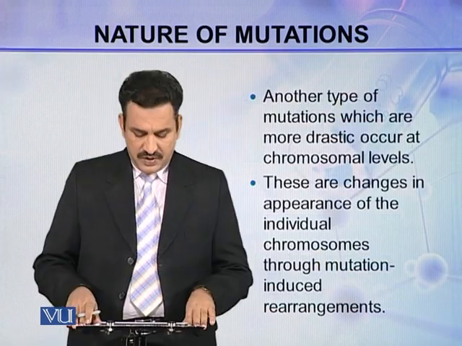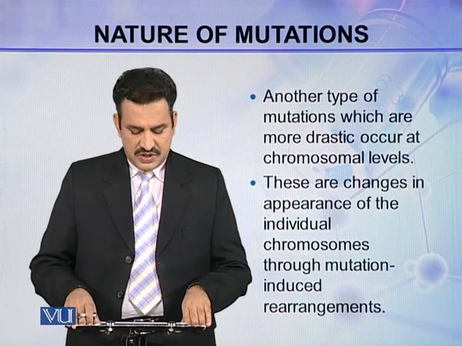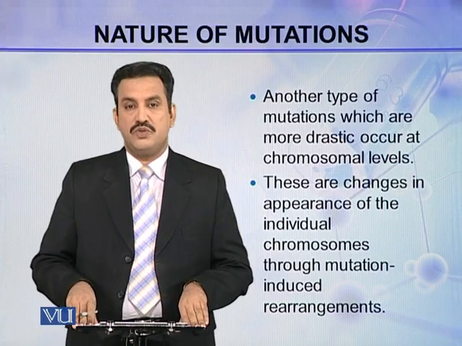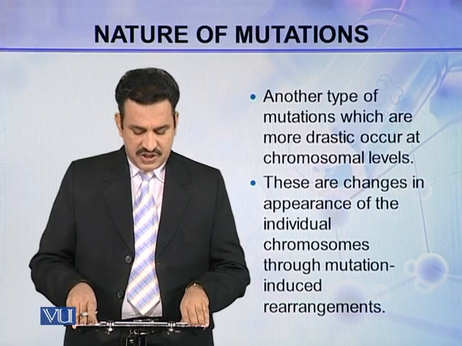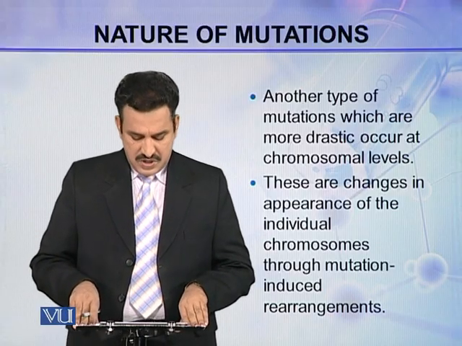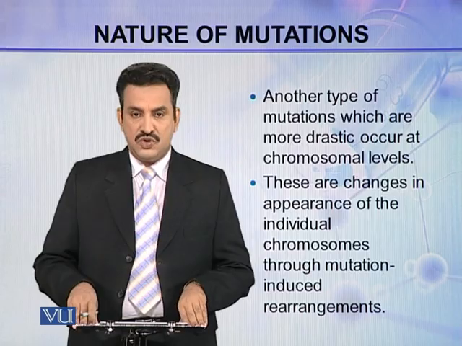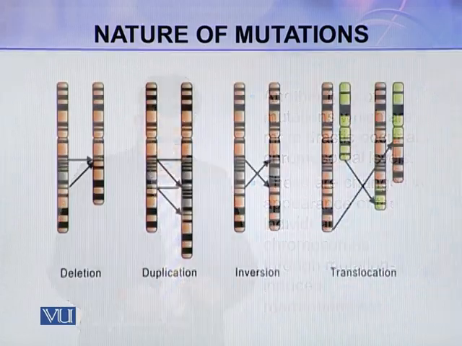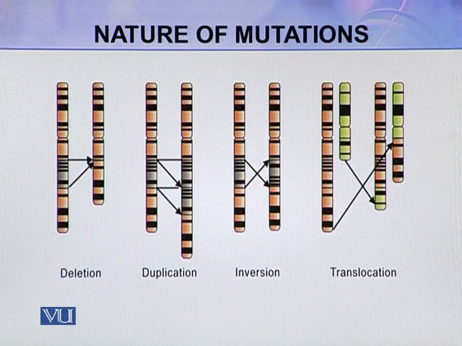Another type of mutation which is more drastic occurs at chromosomal levels. These are changes in the appearance of the individual chromosomes through mutation induced rearrangements. There are many examples, such as deletions.